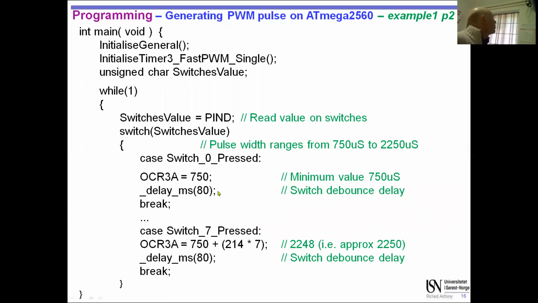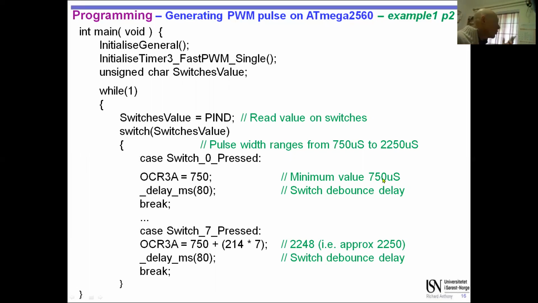And then this is just code to read the switches and decide, based on the switches, to set the position of the camera. Remember, we're talking about the minimum pulse, the pulse width in microseconds. In this particular program, I've used a 16-bit timer, and I've configured the timer such that a count of 1 is equivalent to 1 microsecond.